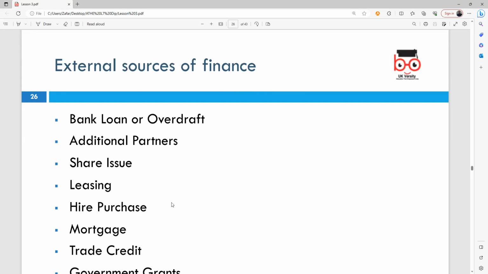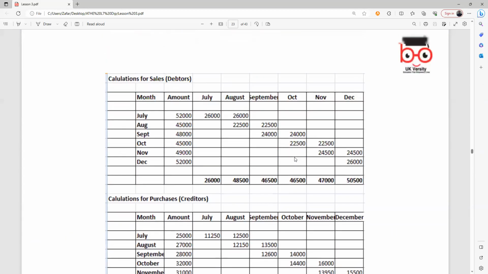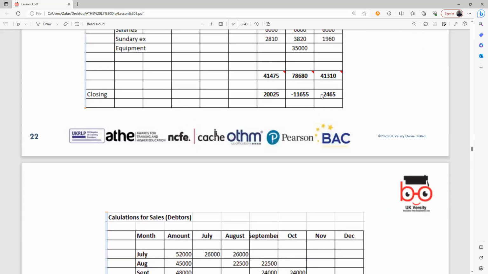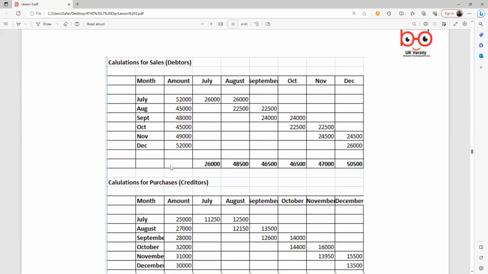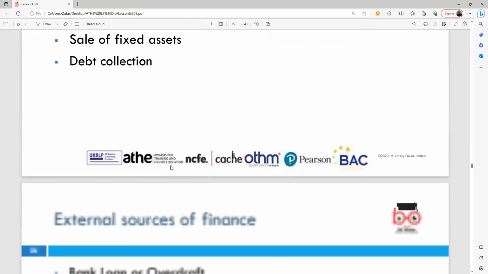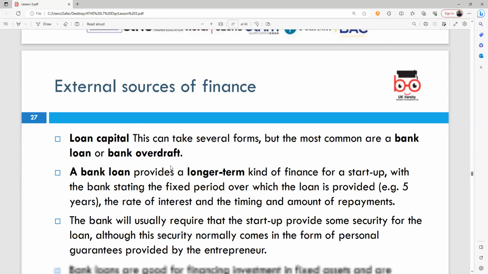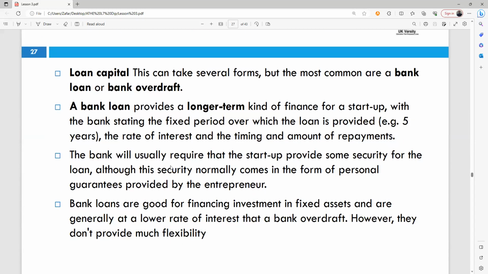So this money minus 2,450, which is the 2,465, is your cash. You can go for internal sources, or you can ask for external sources of funding, depending on your needs, your requirements, your costs, your budget and so on.